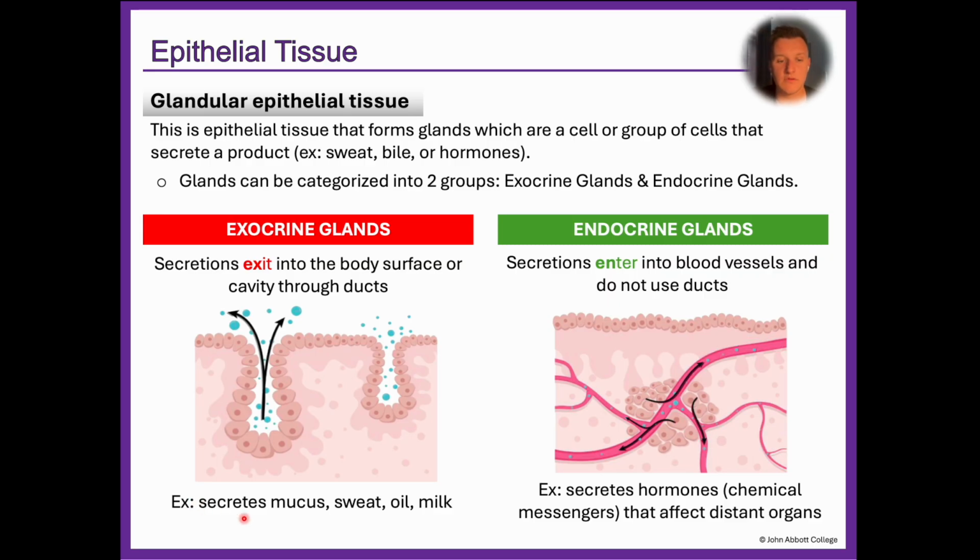For example, you could have mucus being secreted out, sweat being secreted out onto the skin, oil secreted out onto the hair follicle, milk being secreted out of the breasts. So those are certain examples. Now, one thing I want you to note, these secretions exit the body surfaces or cavities through ducts.